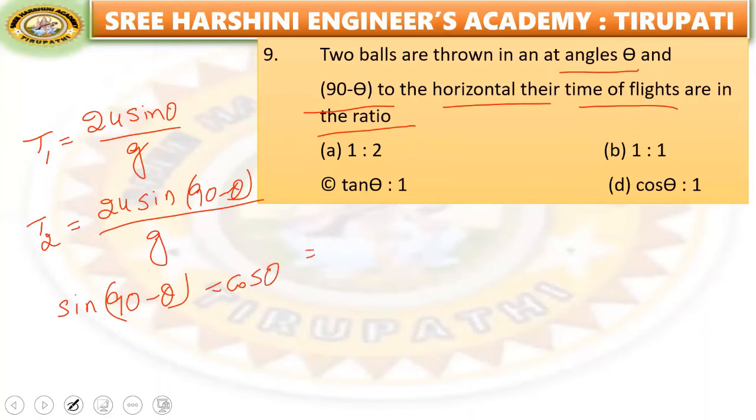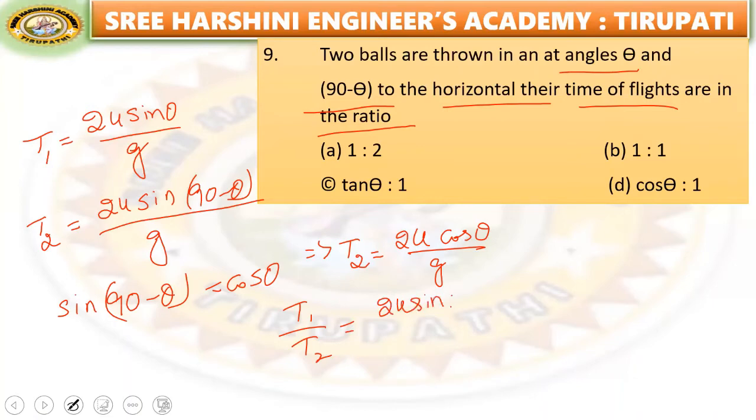Then T2 is equal to 2u cos theta by g. Now they asked the ratio of times of flight. That means T1 by T2 is equal to 2u sin theta by g divided by 2u cos theta by g.